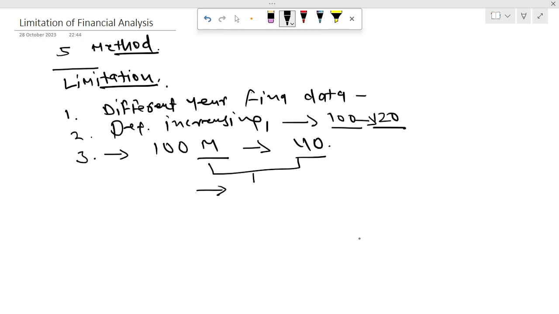Like that, there are different kinds of non-monetary aspects: accounting policy, accounting estimates, which are technical aspects, window dressing, and price level changes.